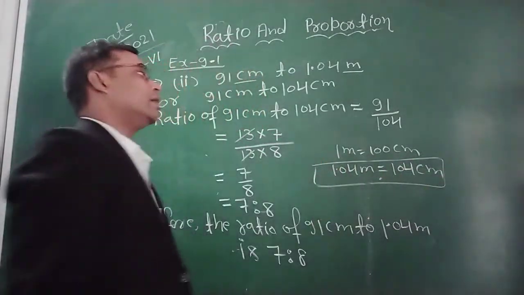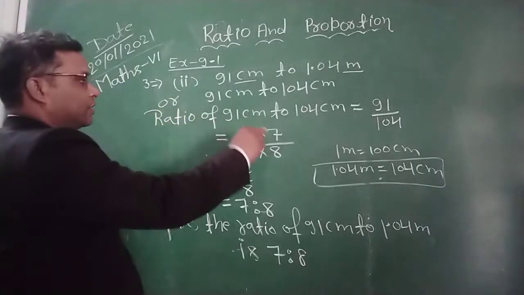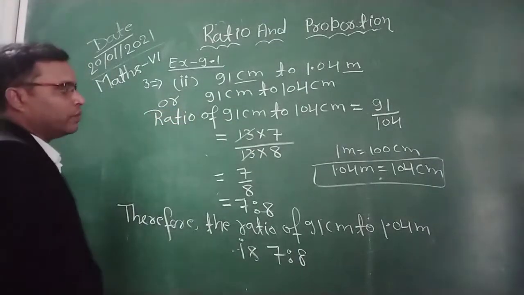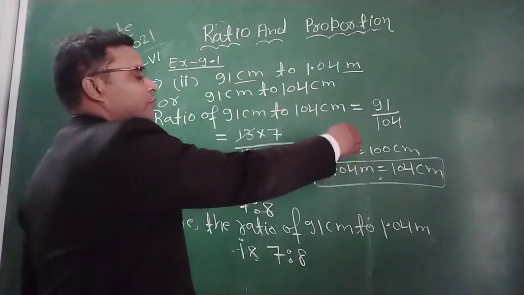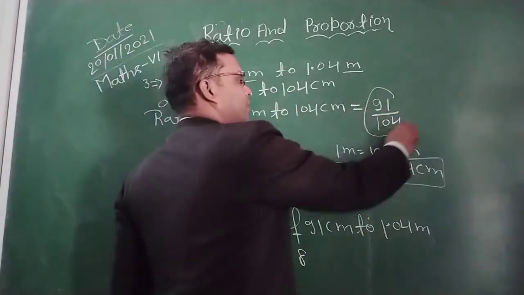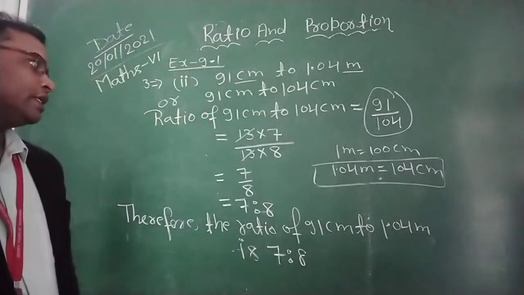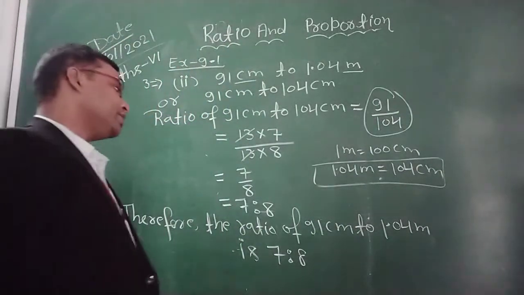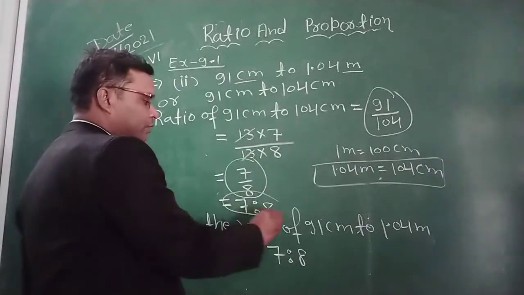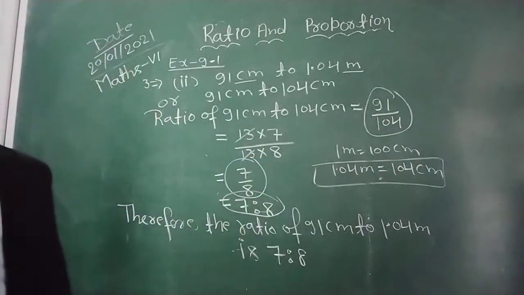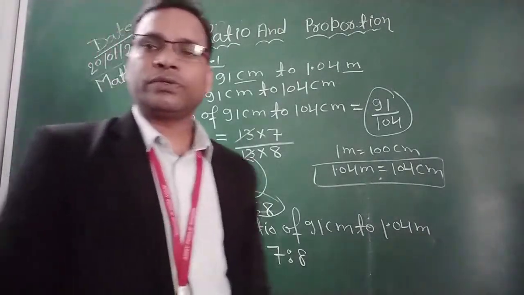Clear? So we find the ratio of 91 centimeters and 104 centimeters. You can write it 91 by 104. After simplifying we get 7 by 8, and 7 by 8 is equal to 7 ratio 8. This is clear.